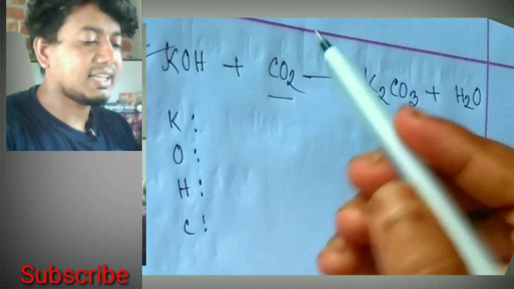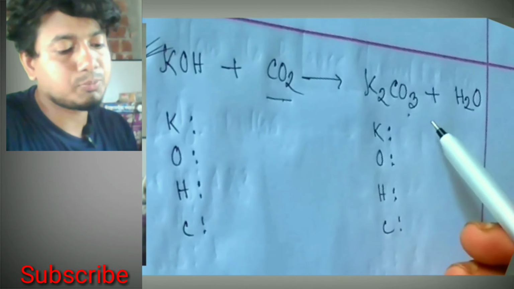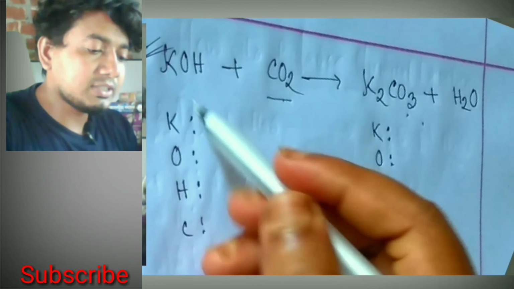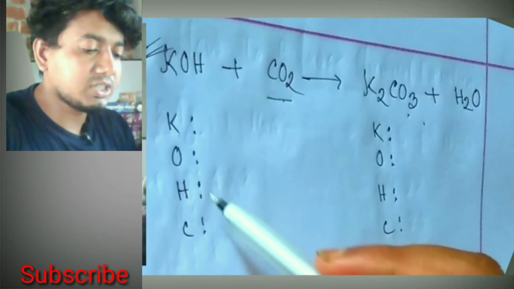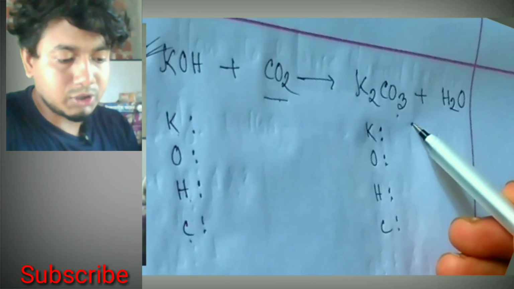So here you can see another reaction, potassium hydroxide reacts with carbon dioxide and makes this product. So first you need to separate the elements: potassium, oxygen, hydrogen and carbon, and make the ratio of production.